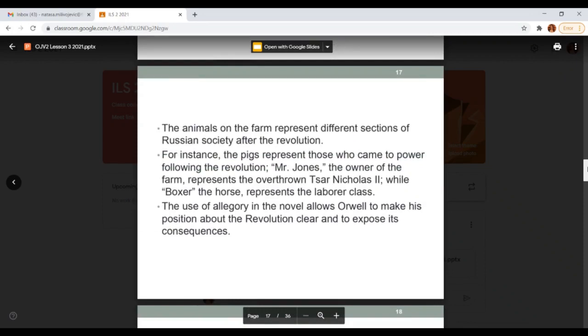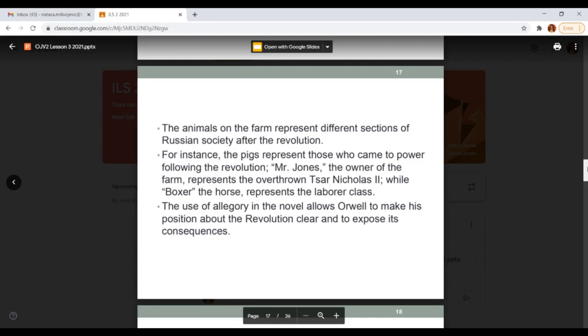So, for instance, the pigs represent those who came to power following the revolution, and Mr. Jones, the owner of the farm, represents the overthrown Tsar, Nicholas II, while Boxer, the horse, represents the laborer class.